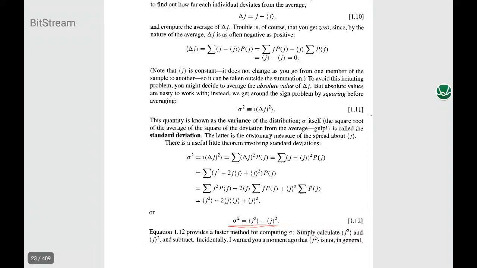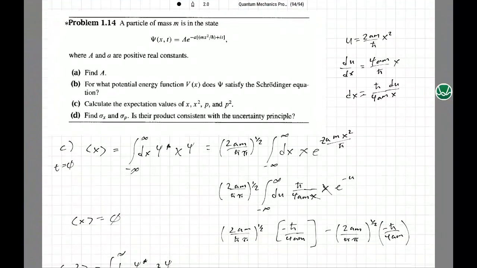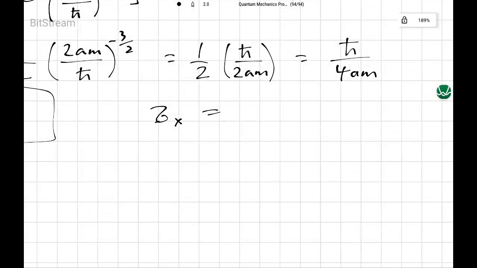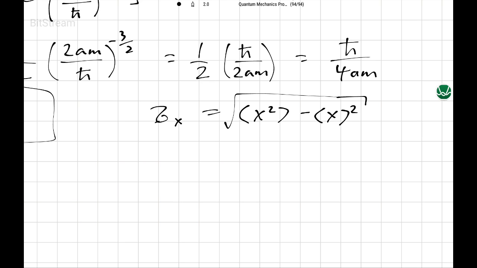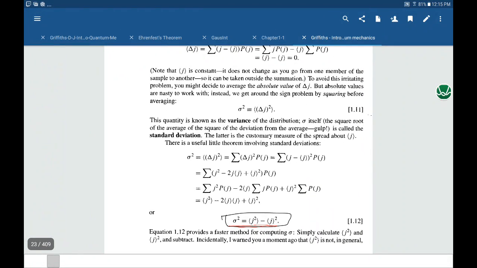Okay, so it is expectation value squared minus, so this one, so that's going to be the square root of this guy minus this guy.